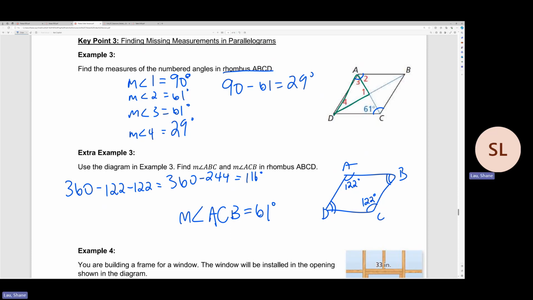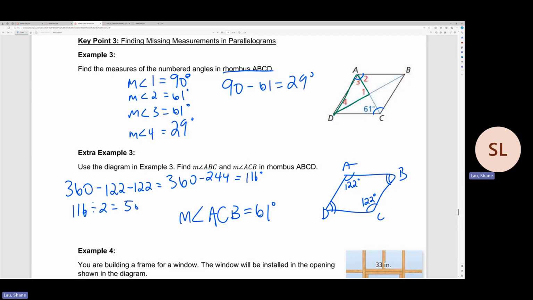After I've determined that, this is not necessarily what our angle ABC is. But remember, we still are missing angle D from our diagram. But we know that they're congruent. So we'll just take 116 and divide it by 2, and we're going to get our answer.